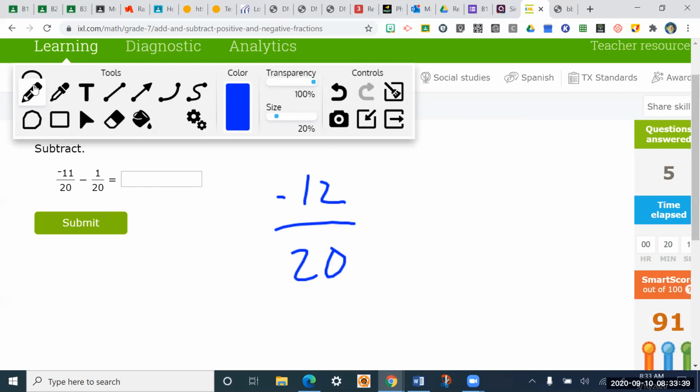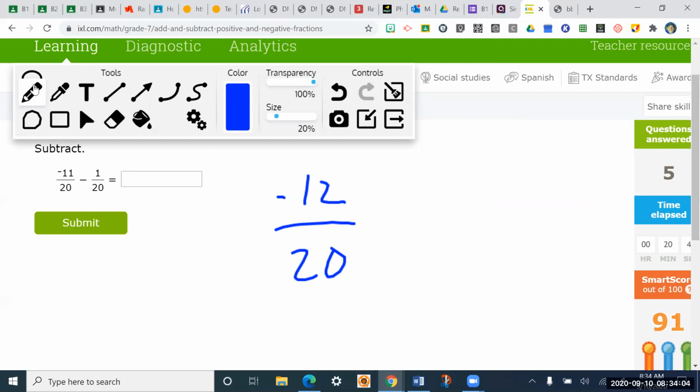Now we would want to simplify that. They're both even. I could divide them by 2. But you could do that, but you're going to notice you could divide it by 2 again. Can you see any bigger factors besides 2? A factor is a number times a number equals a product. Product's the answer to a multiplication problem. You see any other factors larger than 2 that goes into both numbers? Well, 3 times 4 equals 12, and 4 times 5 equals 20.